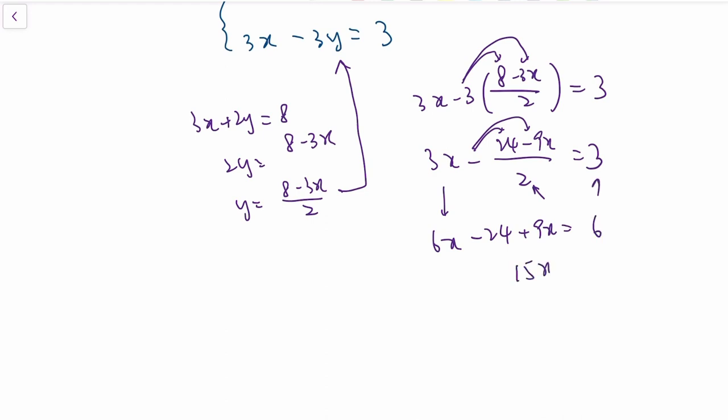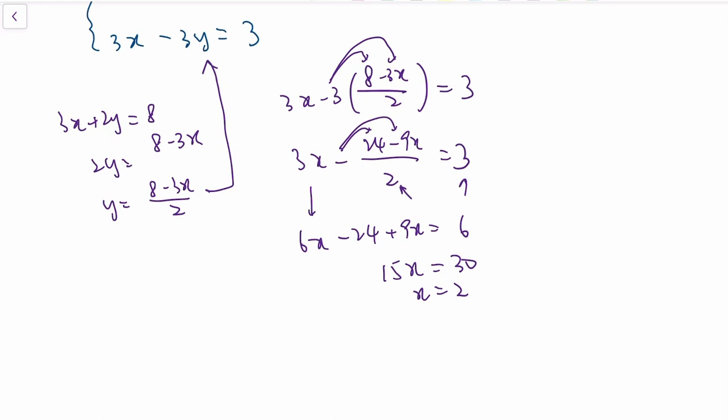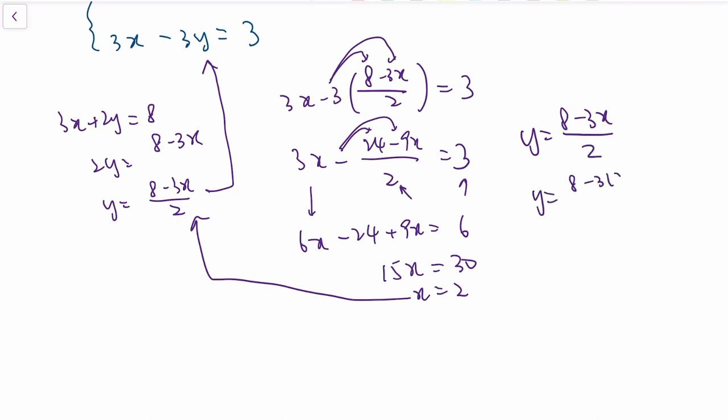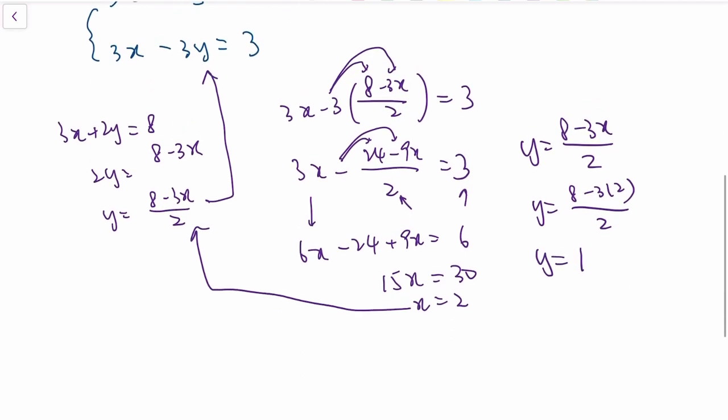Then we get 15x equal to 30. So x is 2. Then similarly, you can substitute x back into the equation where y was the subject. So this method would still work, but it seems to be a tiny bit complicated.